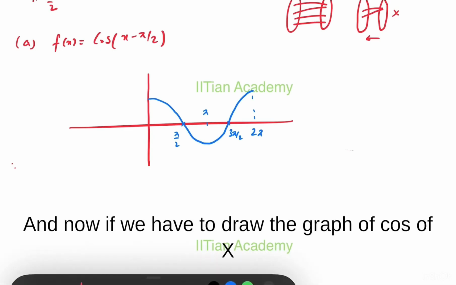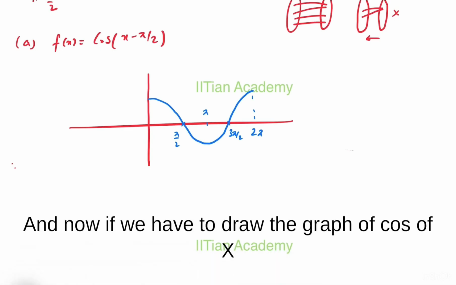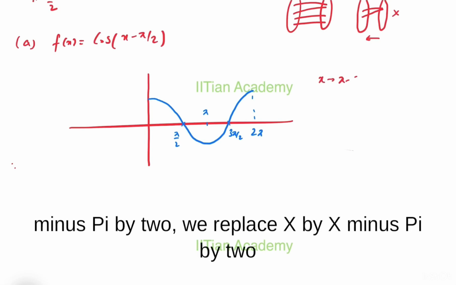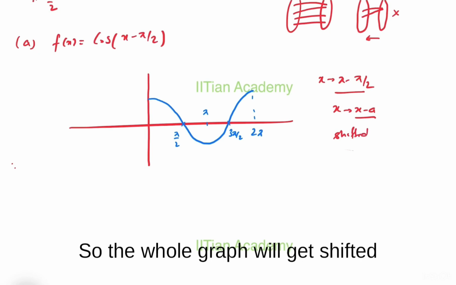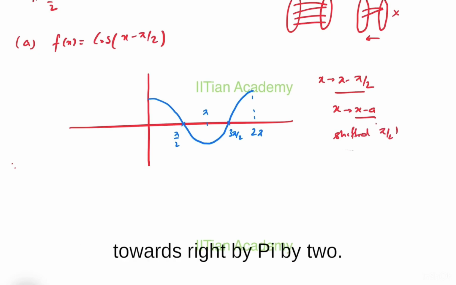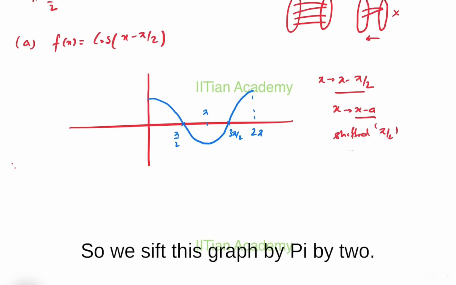Now to draw the graph of cos(x − pi by 2), we replace x by x − pi by 2, and hence the transformation of x to x − a is applied. So the whole graph will get shifted towards the right by pi by 2.